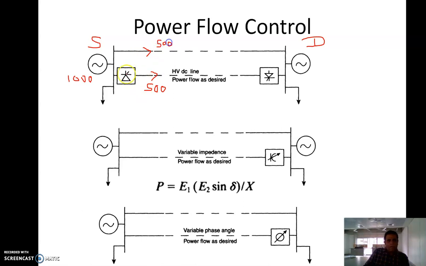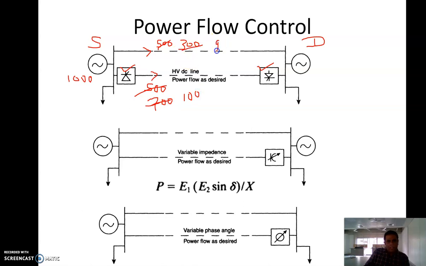However, I have control over these converters and inverters. I can set the firing angles of the converter and inverter in such a way that instead of 500 megawatt, this line now carries 700 megawatt. If this line carries 700 megawatt, this line will naturally carry 300 megawatt. Or I can make this line carry only 100 megawatt.